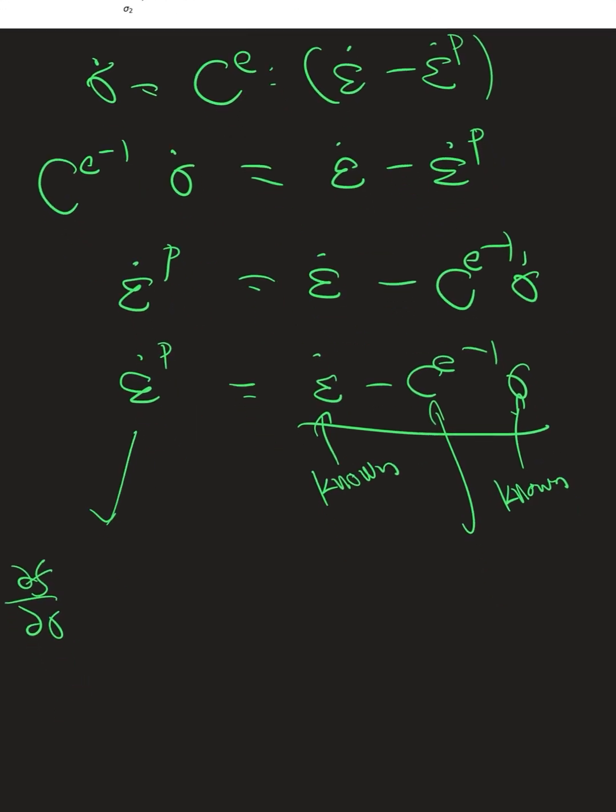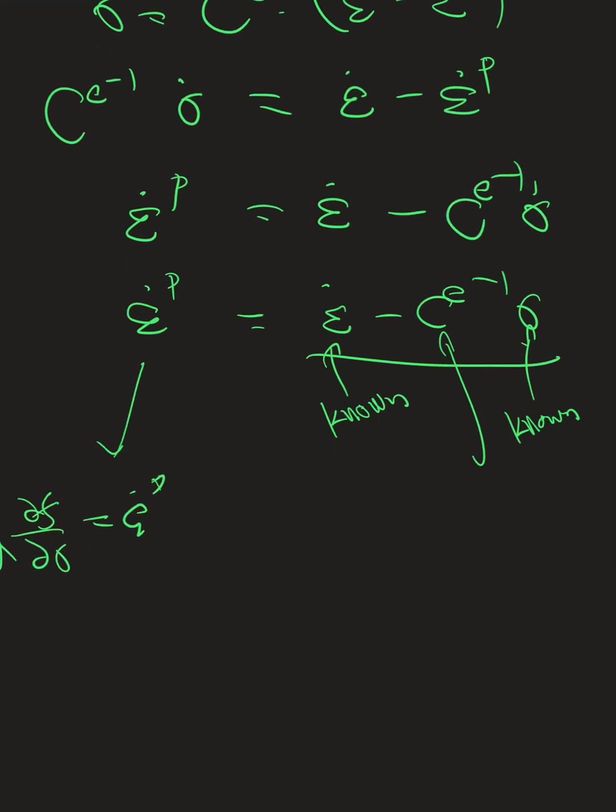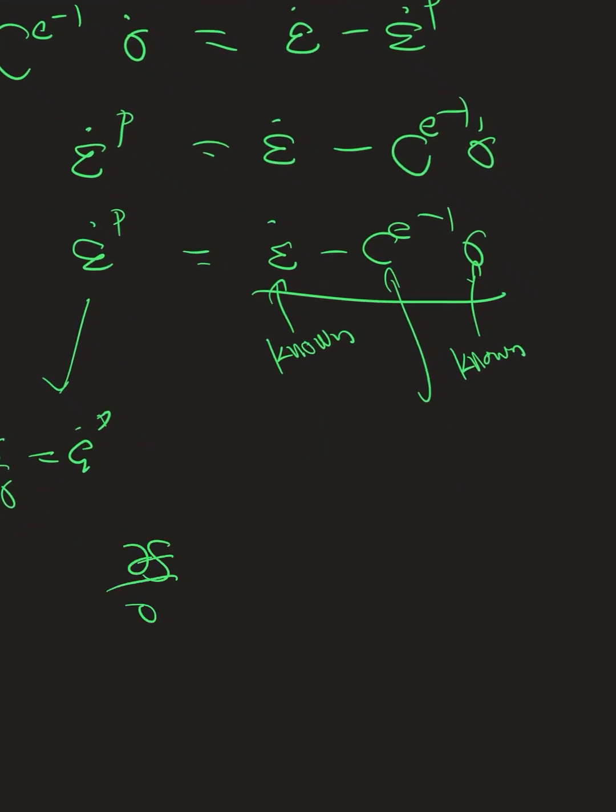Remember that this is equal to epsilon dot P. So I would have this equal to 1 divided by lambda times total epsilon minus C^E inverse double dot sigma. Okay, and because I only care about the ratio of the gradient, not the magnitude, I can just normalize this term, and I will get the stress gradient. Okay, you see what I mean?